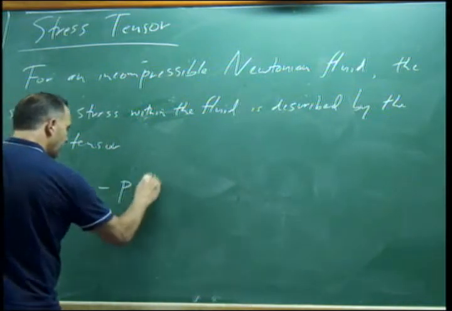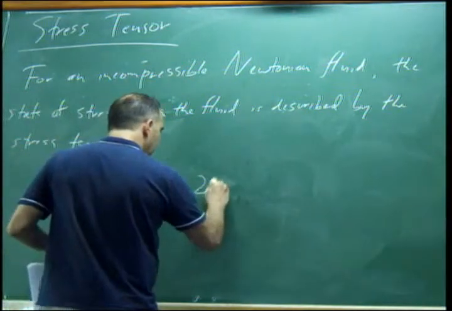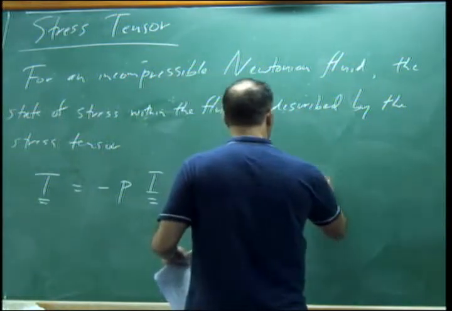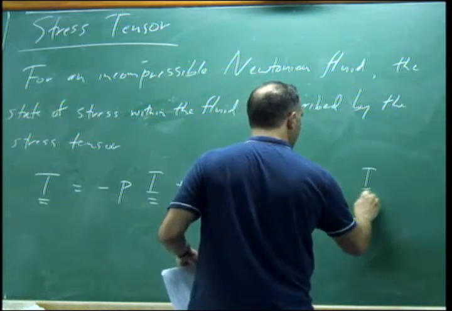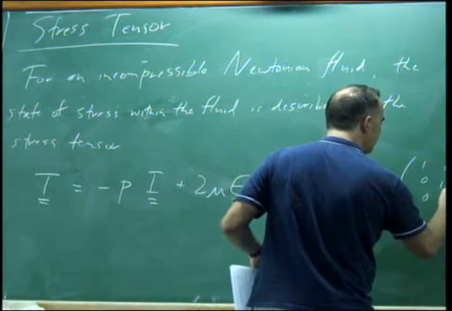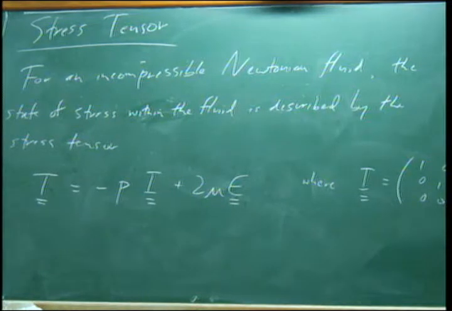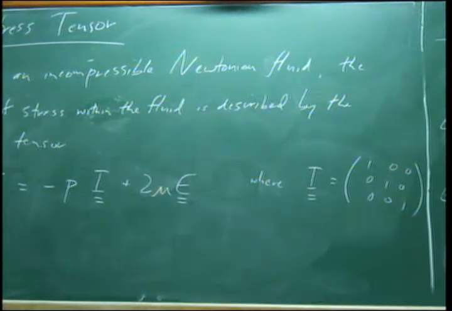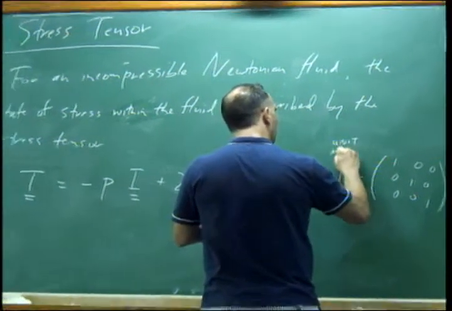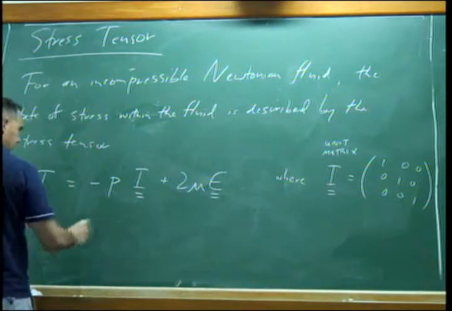It has a pressure term, and then a deviatoric stress component. In Cartesian coordinates, it's a 3x3 matrix. This is the unit matrix. And E here, this is again the viscosity.